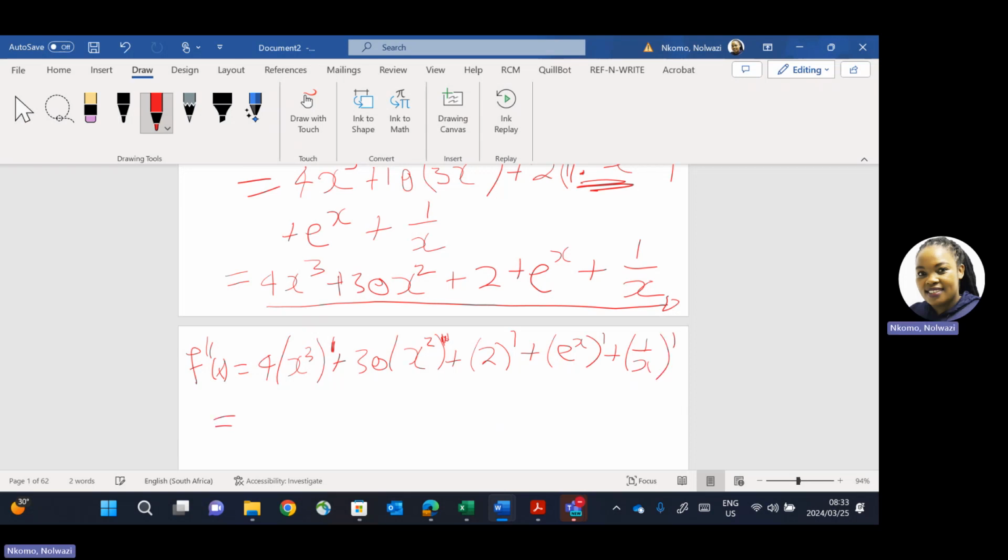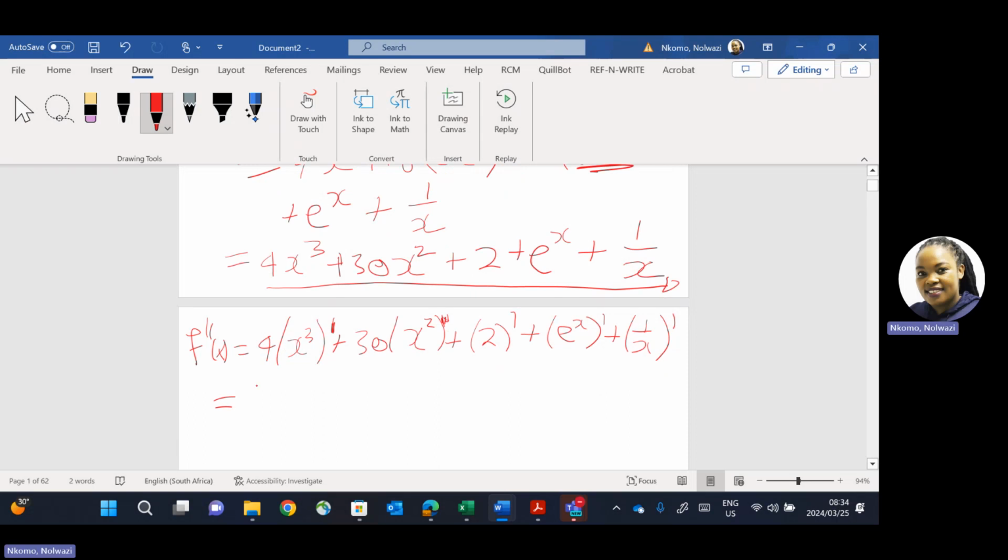Okay. Again, you go back to your rules. Differentiate x cubed. You will have 3x squared. Differentiate x squared, you'll have 2x. Then you differentiate 2. Remember, 2 is a constant, and the derivative of a constant is 0. So there is no need for us to add plus 0.